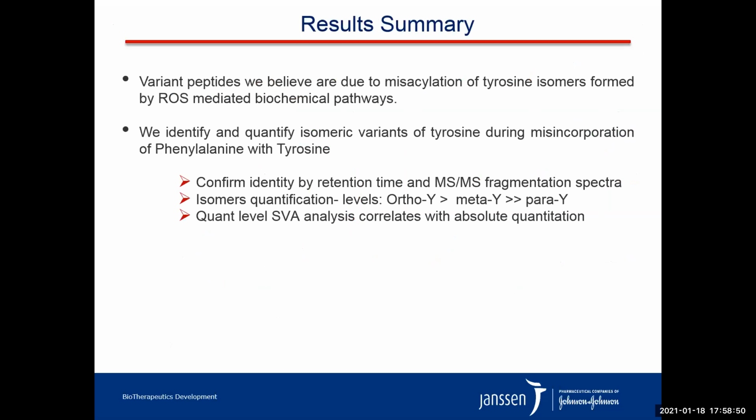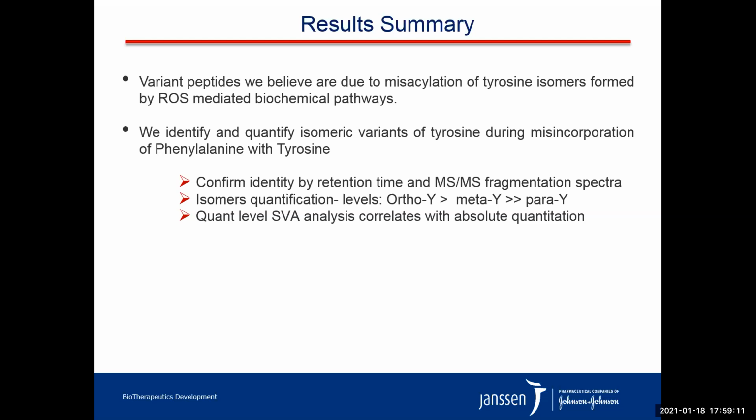In summary, we believe that the variant peptides with tyrosine isomers are formed through an intracellular ROS-mediated mechanism. This observation is supported by reports of their prevalence in stress cells and in certain pathological states.